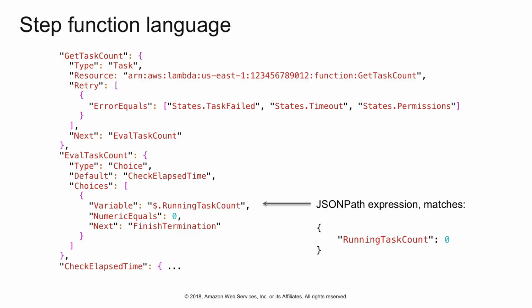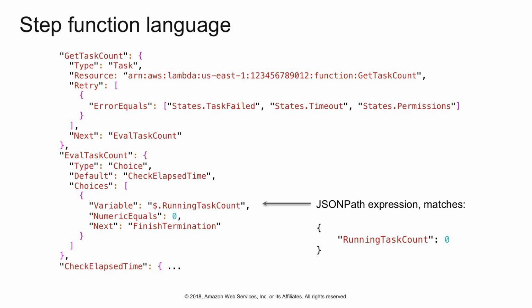Here's an example of what a step function looks like. These are two nodes in the step functions graph. One is called get task count. You can see here that it has a type of task. So remember, there's task, choice, wait, terminate, and then the resource is the ARN of the Lambda function we're going to call.